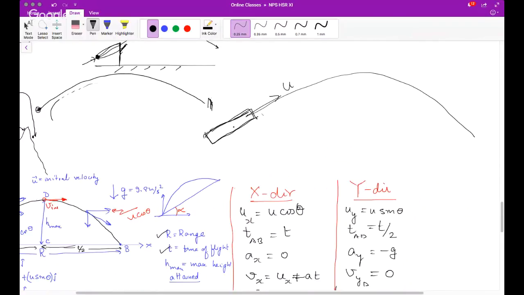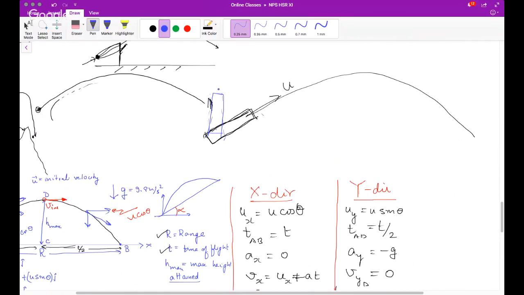Very intuitively, if the muzzle is pointing towards the sky, the best it could do is explode itself. It will go up and come back, and the entire gun will be lost. So here R is 0.